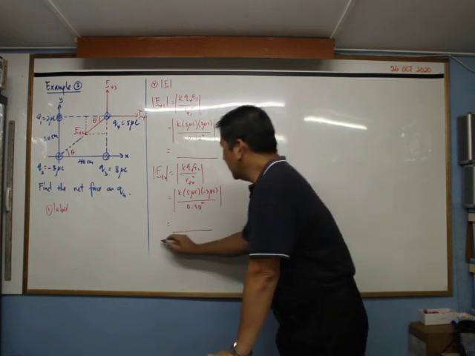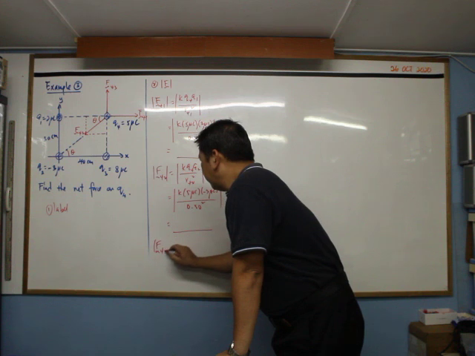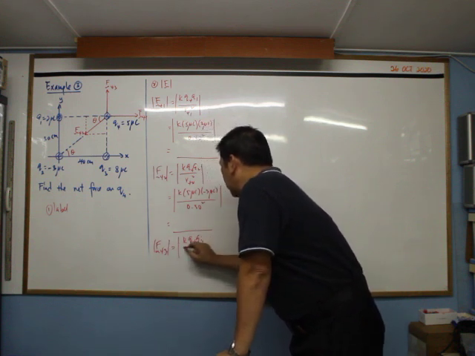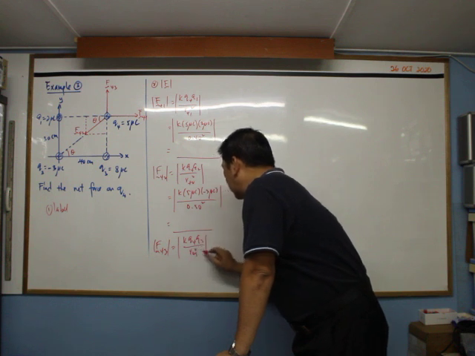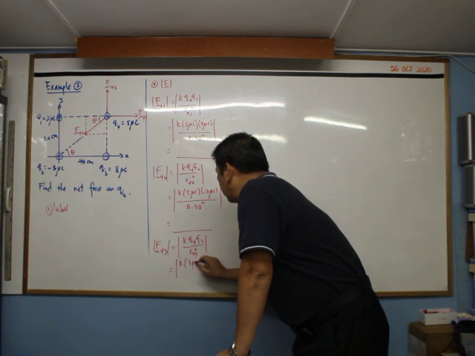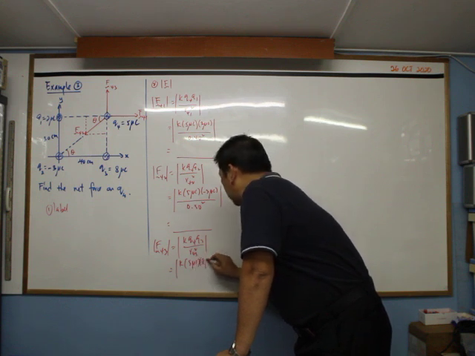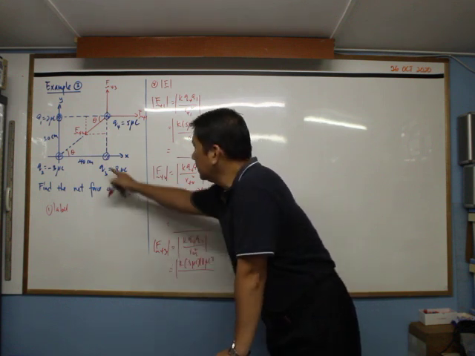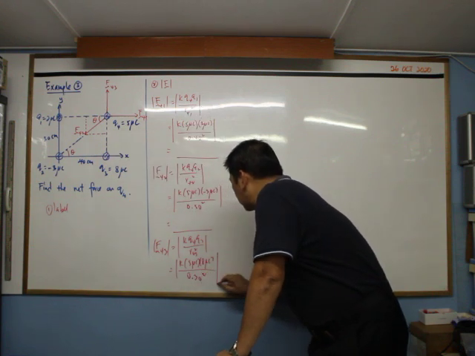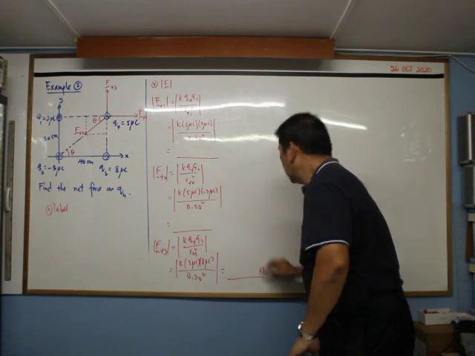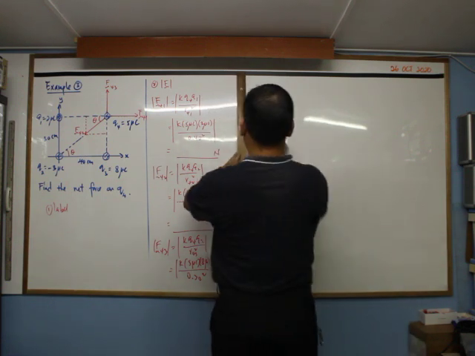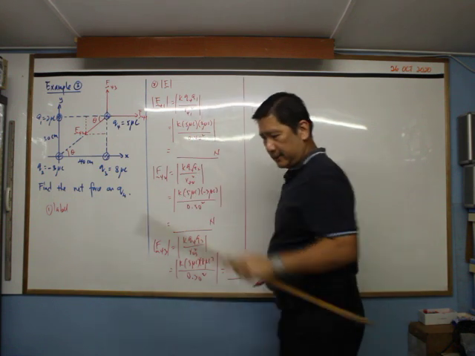Okay, and the last one is your F43. K Q4 Q3 over R43 squared, and you have 5 microcoulomb and 8 microcoulomb divided by a distance of 0.30 squared. So this one is in Newton. Right?